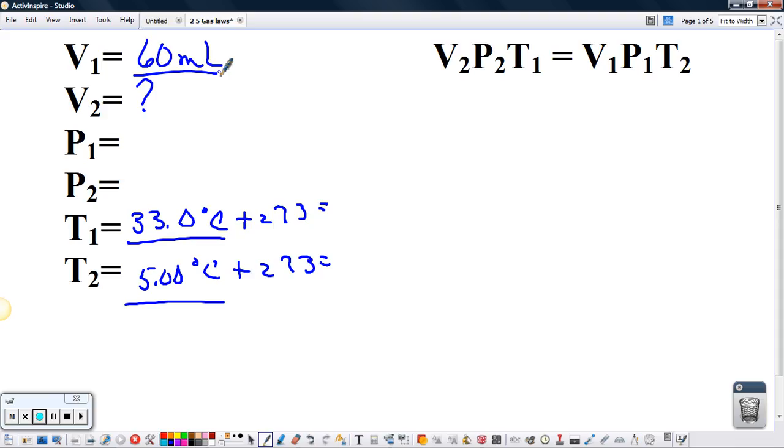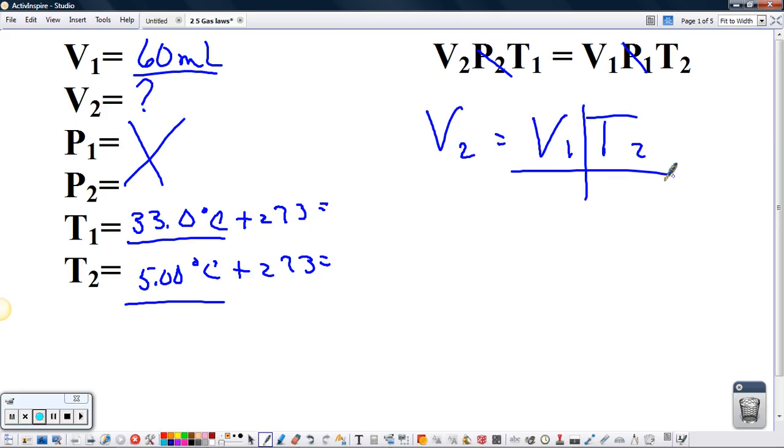Okay, so I don't need pressure, so I'm going to cancel pressure out over here, and I'm looking for V2. So V2 is equal to V1 T2 divided by T1. Plug in chunky numbers. V1 is 60, and I think it's 60.0, wasn't it? So I didn't write it up there. Milliliters.